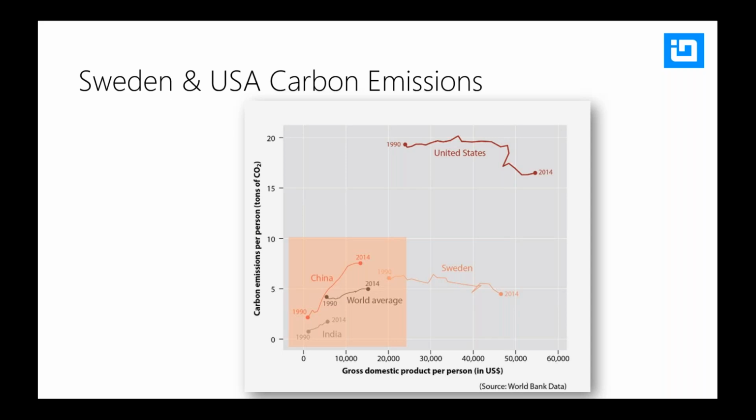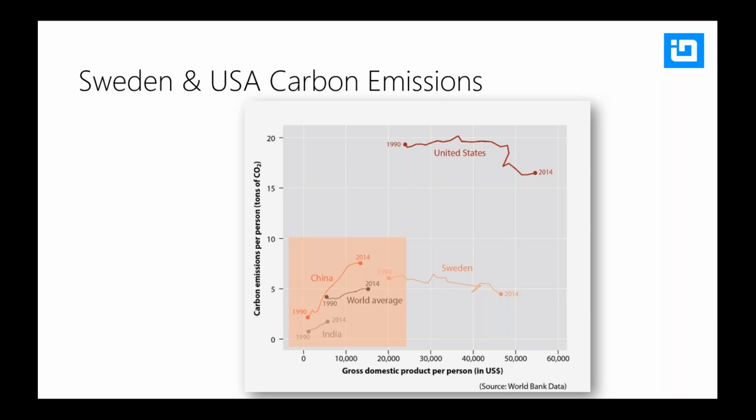But then when we look at China and the world average and India, in a very short period of time, based on GDP, those numbers are actually hockey sticking up. So if we compare, for example, China and India, you would say, yeah, their carbon emissions are improving. But based on the visualization, based on the story that you want to tell, you can make this look however you want.